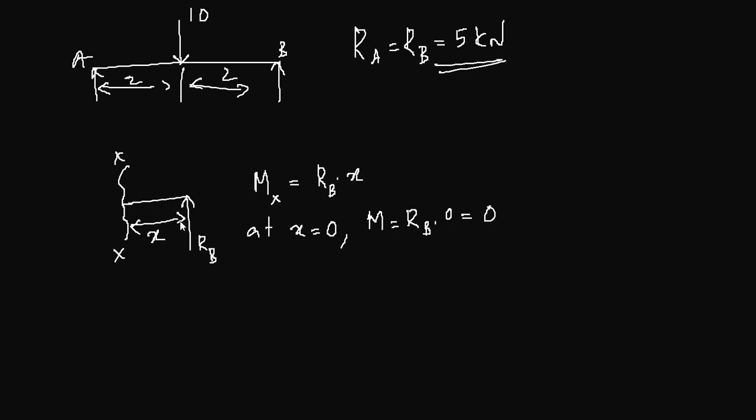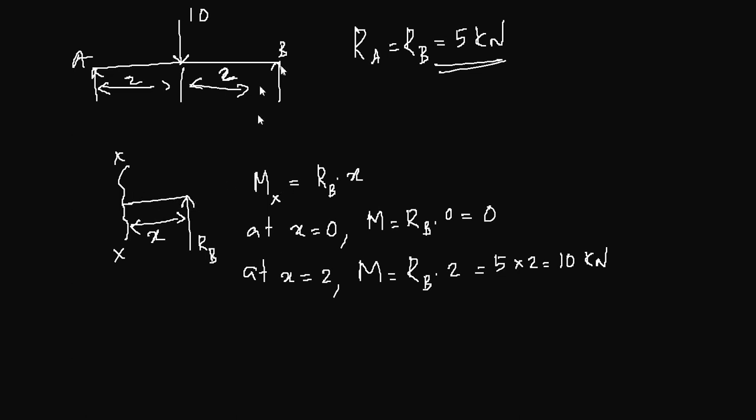Now the maximum distance that x can have between these two force points is 2 meters. So at B, x will be 0, and at this point x will be 2 meters. At x equal to 2, moment is RB times 2, that is 5 times 2, that is 10 kilonewton meter. Hope you understood this.